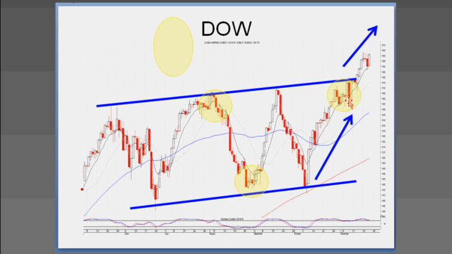Now when we got up here, we had kind of a little J-hook pattern. Instead of failing up here, the J-hook pattern told us if this is wave 1, this was wave 3. Obviously, wave 3 is going to go past this level. That kept us from selling out up here at the obvious resistance level and kept us in these trades or in the market, provided we don't see a candlestick sell signal and a reversal.